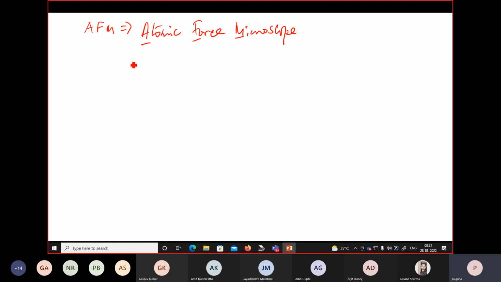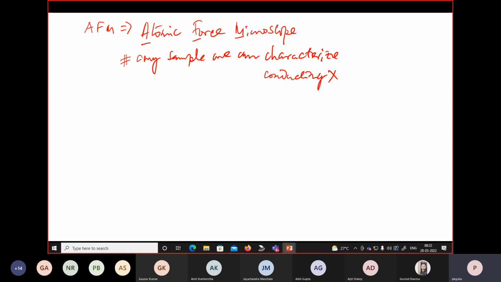Okay, here the main advantage is any sample one can characterize. It doesn't have to be a conducting sample. Okay, it doesn't have to be a conducting sample.